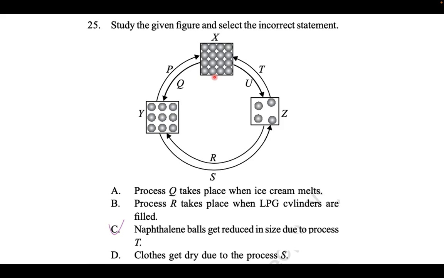Naphthalene balls are solid balls which get reduced in size due to the process U and not process T. The process U represents the direct conversion of solid into gas.